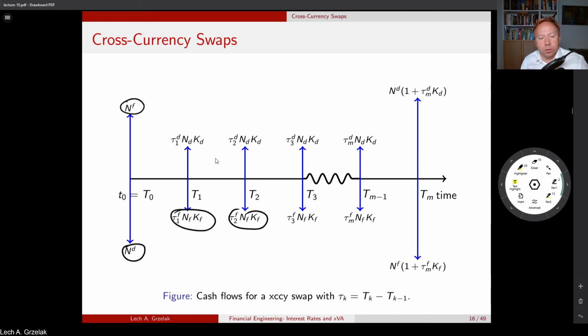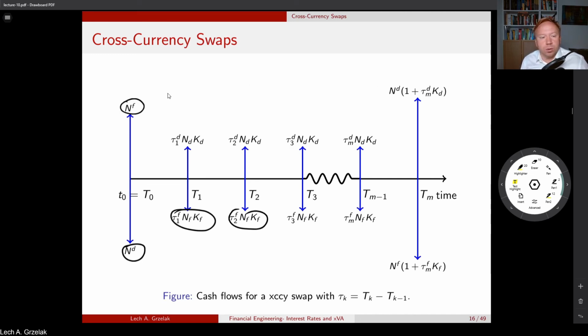This is the interest over the amount we gave, this is what we received, and this is what we have to pay. So this is an alternation of the payments. You have to be very careful because those cash flows are very important. For example, here we always pay the interest over the amount that we have. This is what we received, what we gave away. You have to think carefully about pluses and minuses.